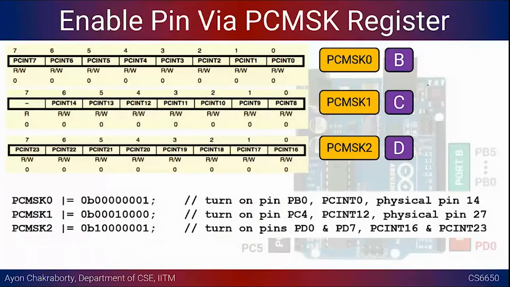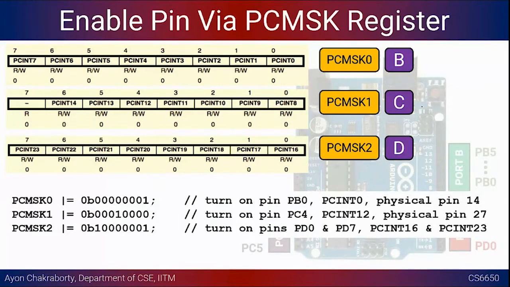Earlier we had the port B, port C and port D registers, or DDRB, DDRC and DDRD registers. Similarly, in this case we are using the pin change mask 0, 1 and 2, where 0 is for port B, 1 is for port C and 2 is for port D. Using this series of bits we can select any particular pin for implementing the pin change interrupt.